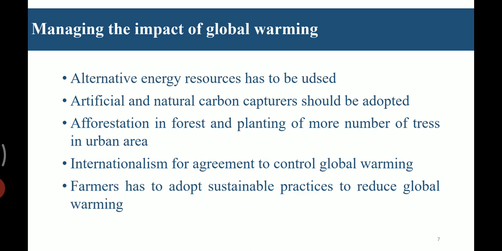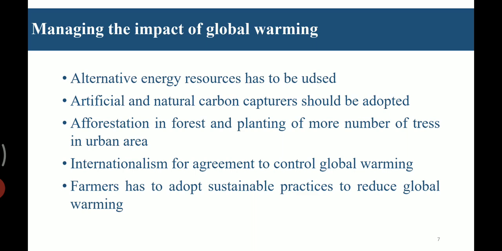Artificial and natural carbon capture should be adopted. Afforestation, a very important thing: afforestation in forests and planting of more trees in urban areas. Then international agreement to control global warming.